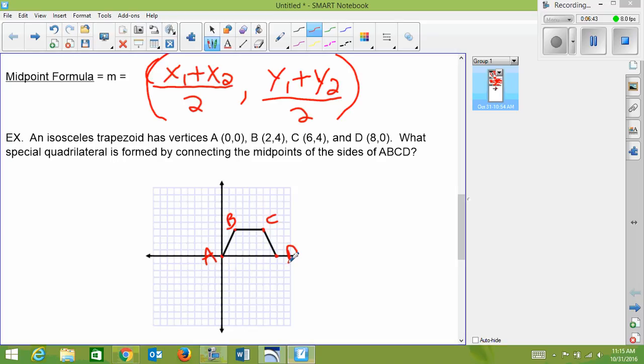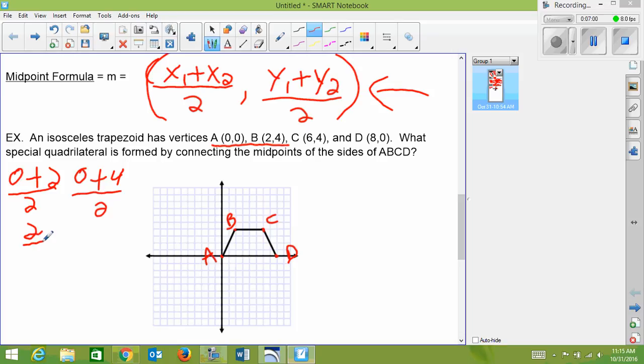I'm going to do AB first, using this formula right here. So 0 plus 2 divided by 2, and 0 plus 4 divided by 2. That midpoint is 2 divided by 2, which is 1, and 4 divided by 2, which is 2. So (1, 2) is our midpoint.